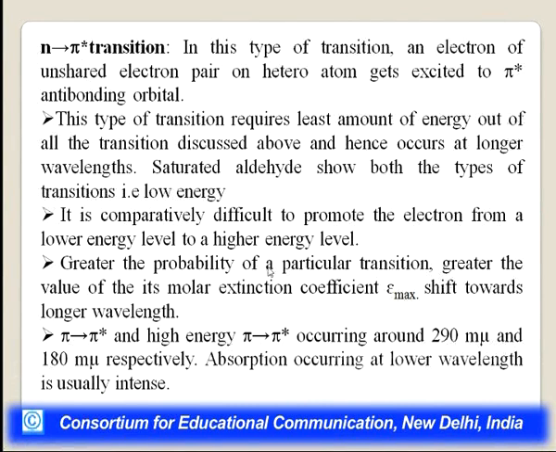Greater the probability of a particular transition, greater the value of its molar extinction coefficient. So epsilon maximum shifts towards longer wavelength. The pi to pi star and higher energy transitions occur around 290 millimicron and 180 millimicron respectively. Molar absorption occurring at lower wavelength is usually intense.